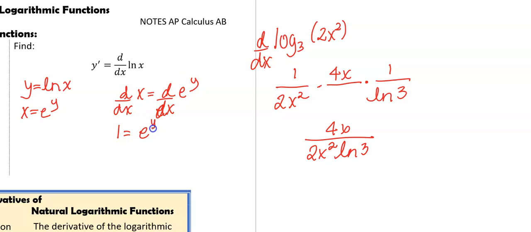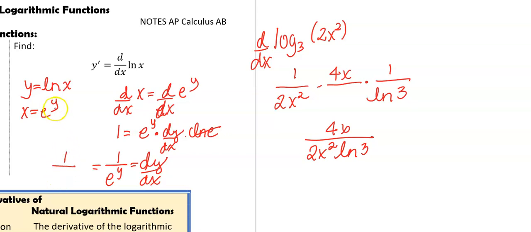Derivative of e to the y is copy it times the derivative of y times natural log of e. Oh, that's 1. So we want to divide to get dy dx by itself. So it's 1 over e to the y, which is dy dx. 1 over e to the y, and we said e to the y is x. And we will spend more time on that next time.